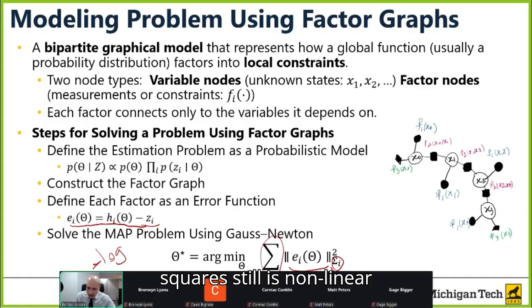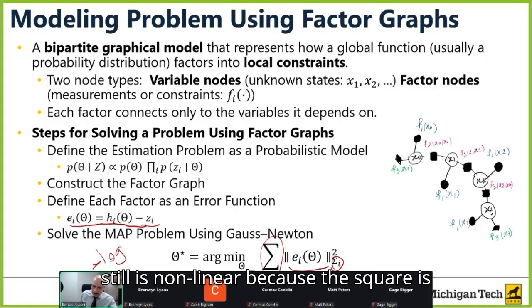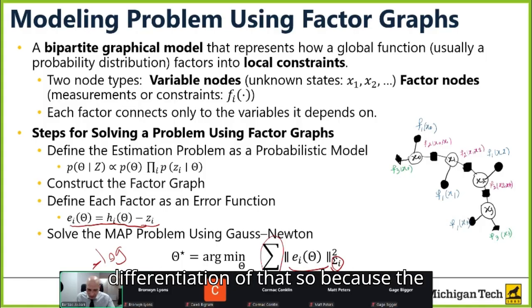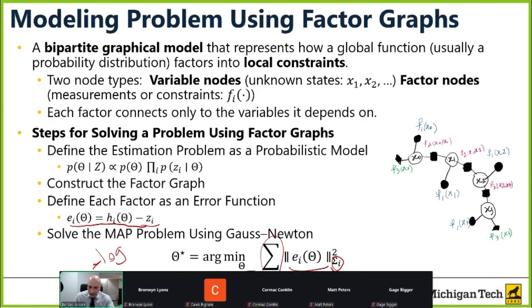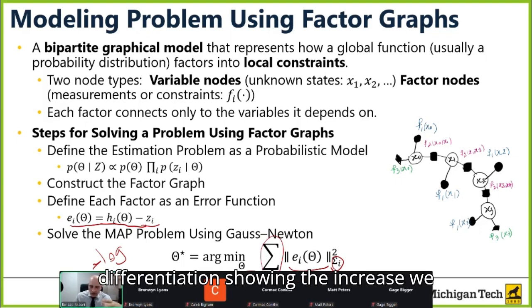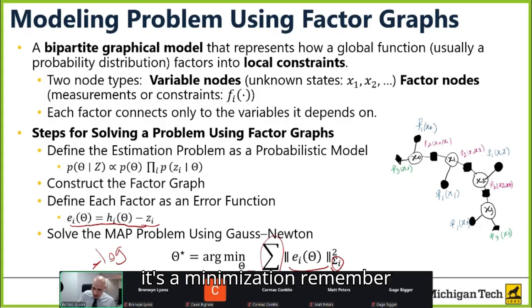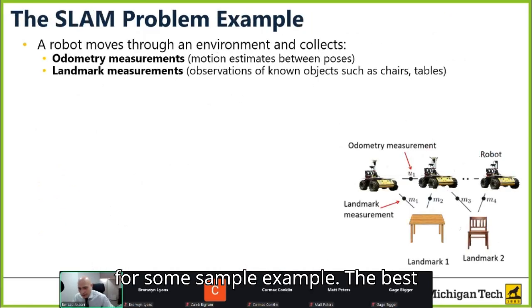It is still nonlinear because square is not linear, but you can get the differentiation of that. Because the method is like that, we get the differentiation and move against that direction, because the differentiation shows the increase, and we need to go to the decrease part because it's a minimization, remember?